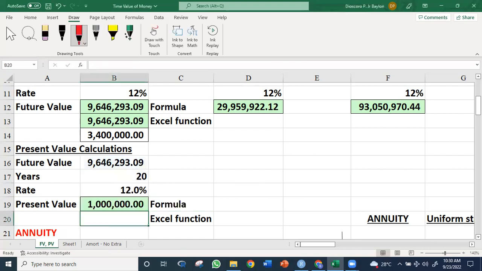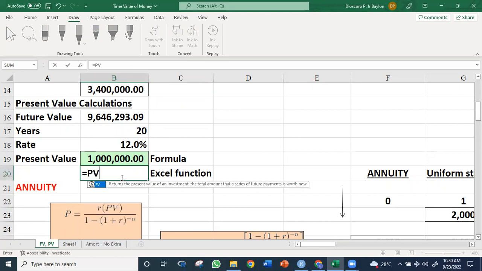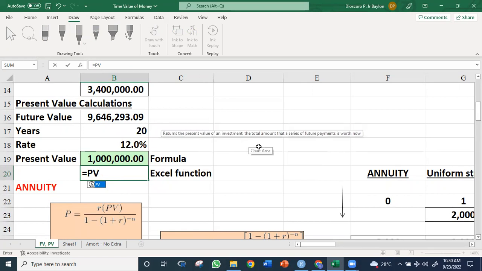Or we can use the Excel function. Okay, for the Excel function, we use PV. So there's a PV function. A while ago, to get the future value, we used the FV function. Now, to get the present value, it says here, returns the present value of an investment, the total amount that a series of future payments is worth now.